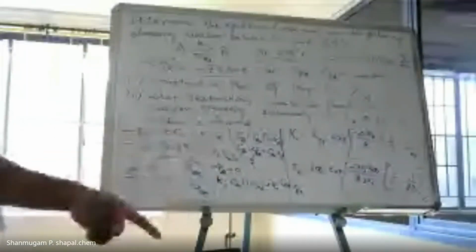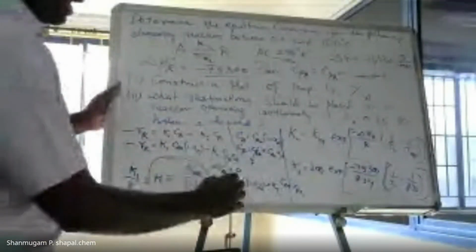If you rewrite this, the CA naught cancels and K equals XAE by (1 minus XAE). That is what you actually get here. So you write the relation here.